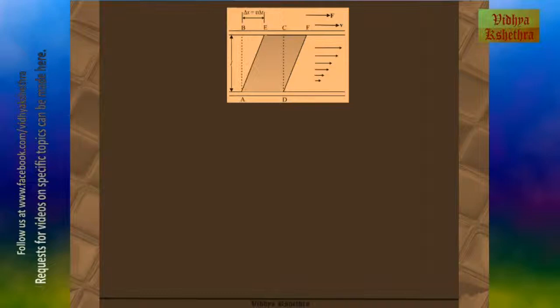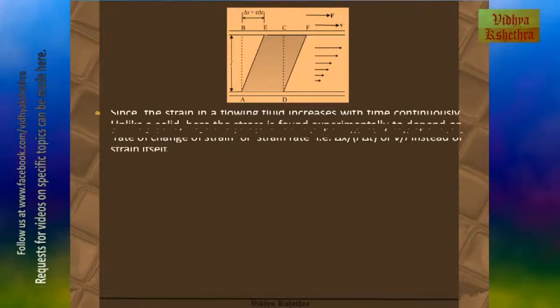Now, this figure shows the situation of oil trapped between two glass plates. When we try to move the upper glass plate, the oil is subjected to a shear strain, and the ABCD becomes AEFD.